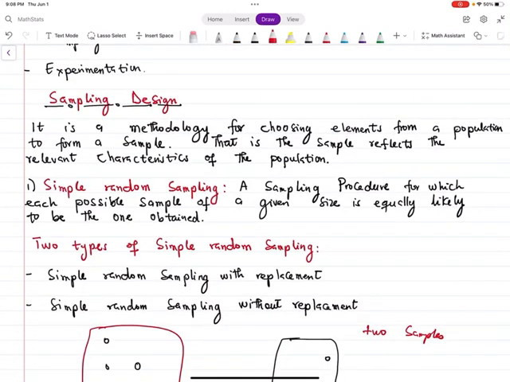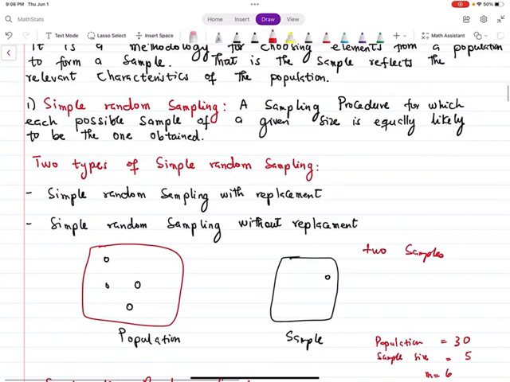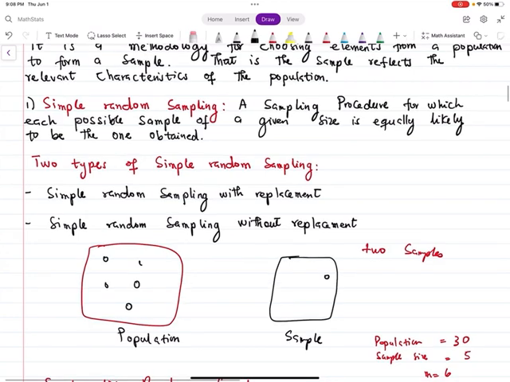And then there are 2 types of simple random sampling. There is one we call sampling with replacement, and the other one is sampling without replacement. So let's talk about simple random sampling with replacement. For example, I have the population here, let me add a couple of them.